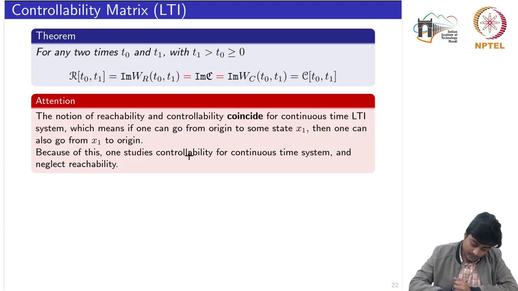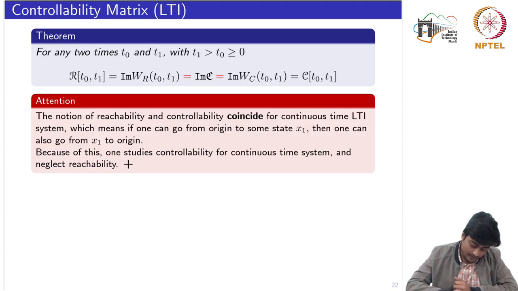If one can go from the origin to some state x1, then one can also go from x1 to the origin, which is generally not true for the LTV systems.